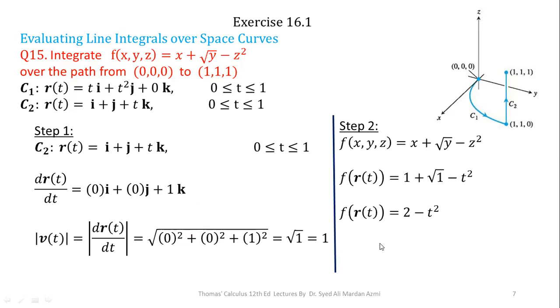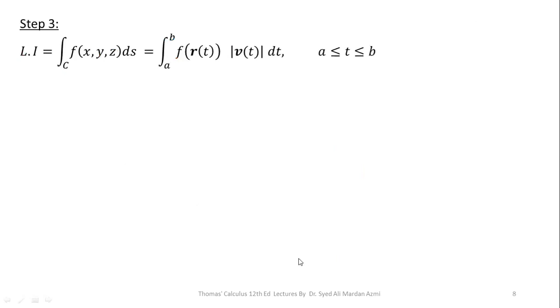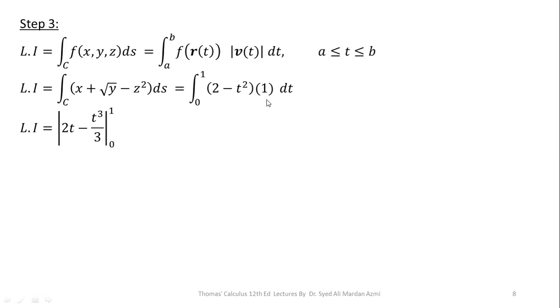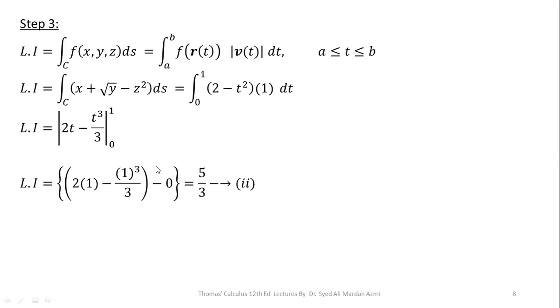In the next step, we will use these two values to calculate the line integral along the path C2. Now substituting the values, I got integral from 0 to 1 of (2 minus t square) into 1. Integrating, the integration of 2 is 2t, minus the integration of t square, which is t cube over 3. In the next step, applying the limits, I got 5 over 3. So this is the answer of the line integral along the second path.